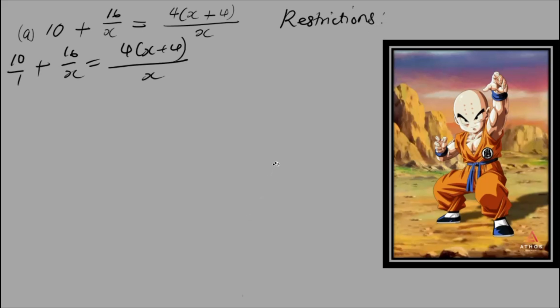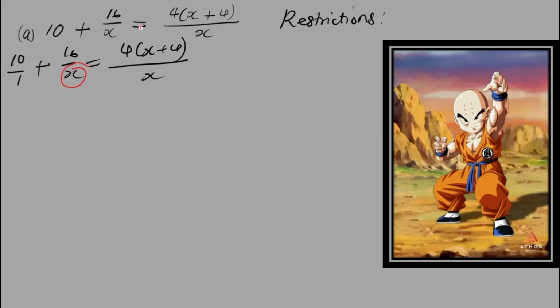When we talk about restrictions, you can see that this is a fraction. If they want you to find solutions to these fractions, or the value for x in this equation, there is one thing that must not happen. You see this denominator here, denominator x.